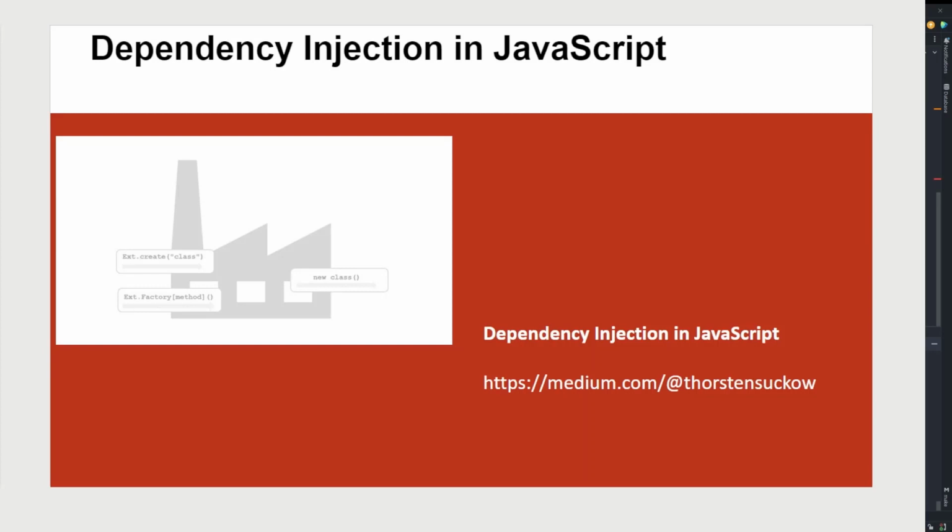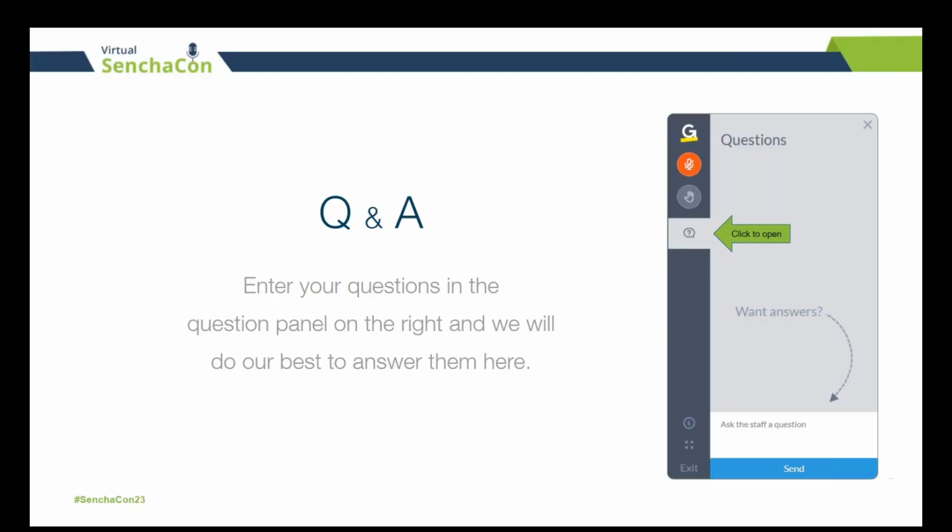Otherwise, as I've already stated, the way this works with ExtJS is a little bit more complicated. So I have summed up all the details you need to know in the blog article. So that would be a good place to get a recap of the stuff I've shown you in this short workshop.